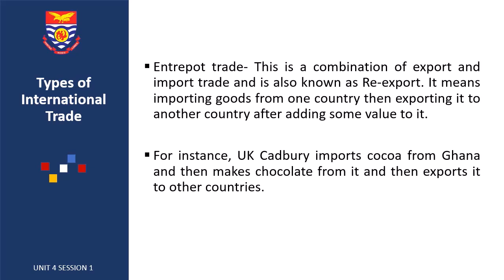So if the UK imports cocoa from Ghana and adds some form of value to it to convert it into chocolate, and then exports to other countries, let's say to America, then that is what will be termed as an entrepot trade. So it is mostly importing goods from one country, then exporting them to another after some form of value has been added to them.